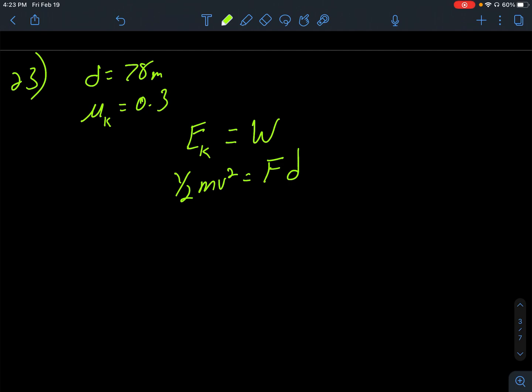For some reason I feel inclined to put distance. I'll have to look at what's on the AP sheet. I think it actually says distance. I don't want to leave force by itself, because it's a frictional force that does the work. So let's go a little bit further, because I don't have the force, right? Well, draw a force diagram for the car.